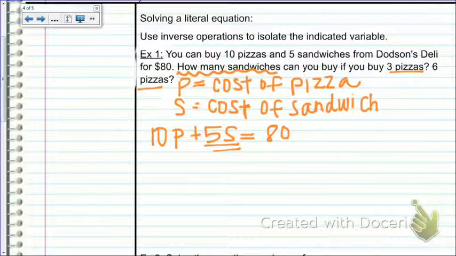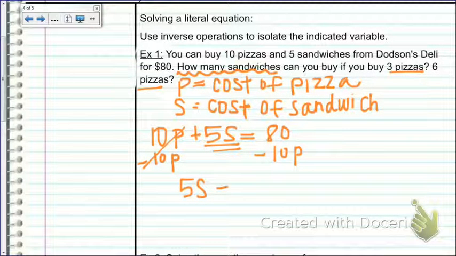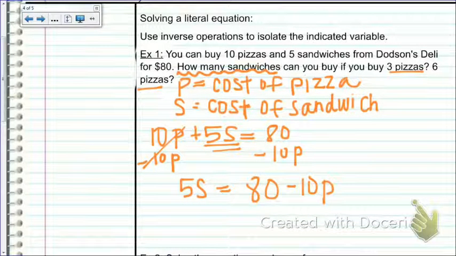We're trying to get 5s by itself, so subtract 10p from both sides. So on the left, I have 5s equals 80 minus 10p. I cannot combine 80 minus 10 because these are not like terms. So we just leave it.